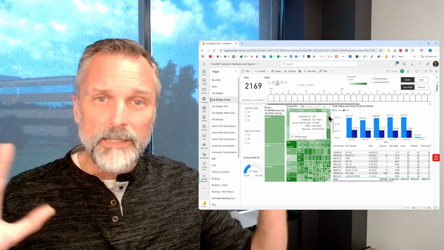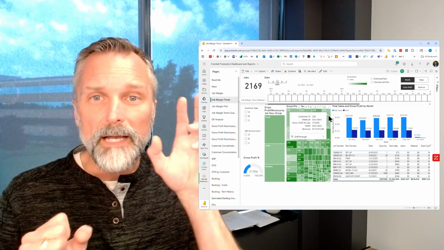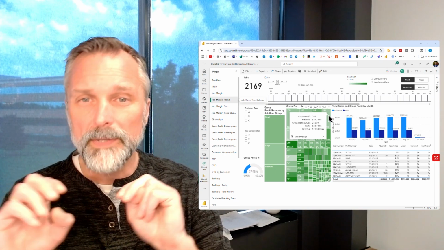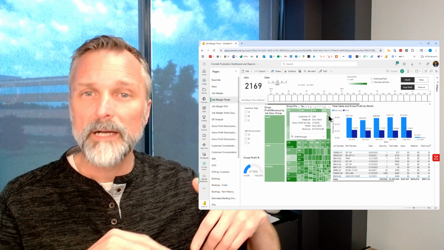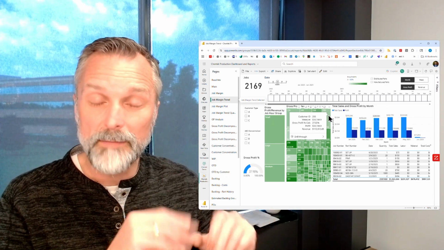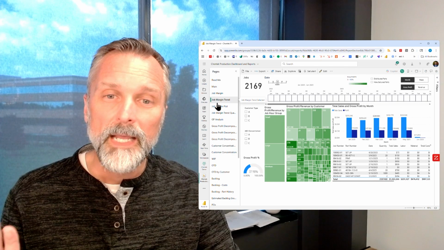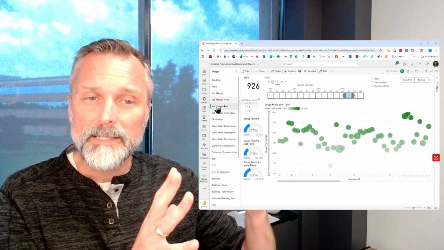So of the 2,100 jobs in this time period, the idea is, all right, well, I'll have the project manager or the salesperson or the estimator responsible for the subset, the 500 jobs or the 700 jobs or whatever, let them see their data. That's an example. A lot of the pages we deploy are essentially variations of the same thing.